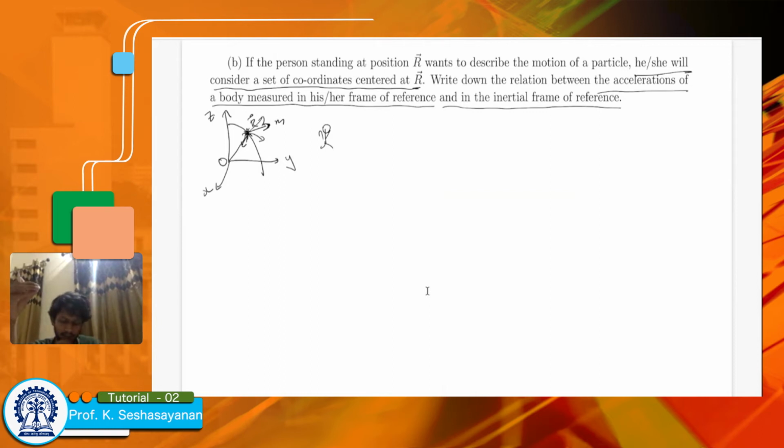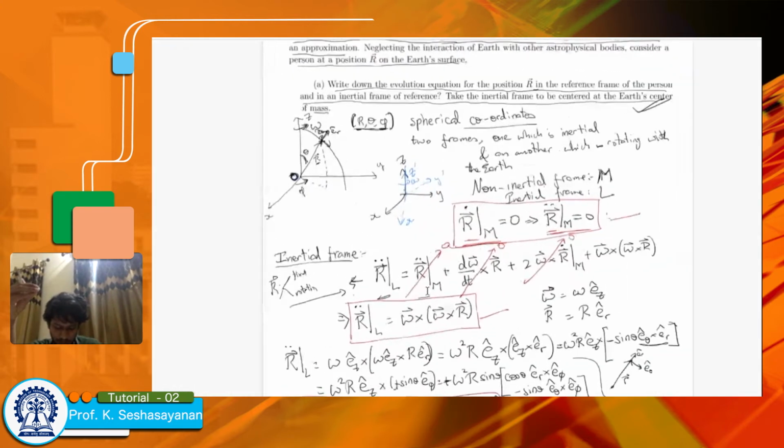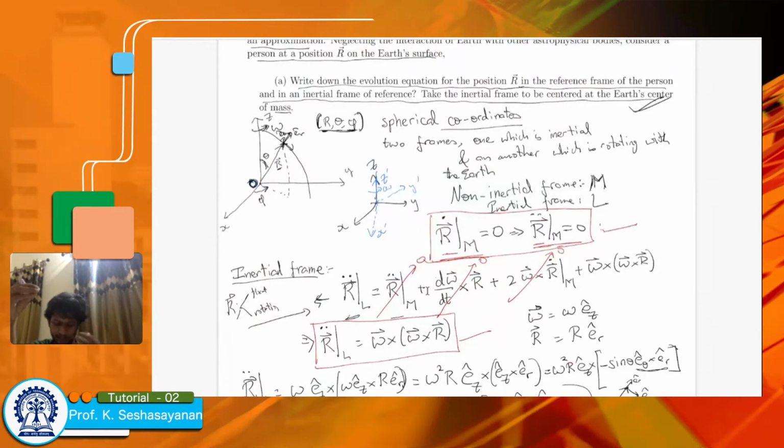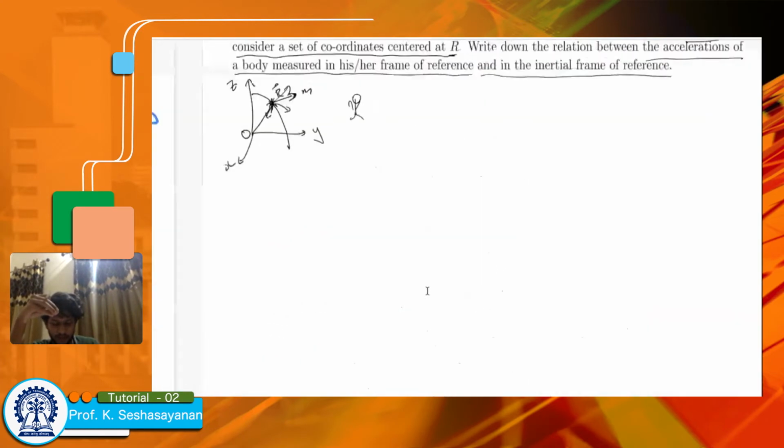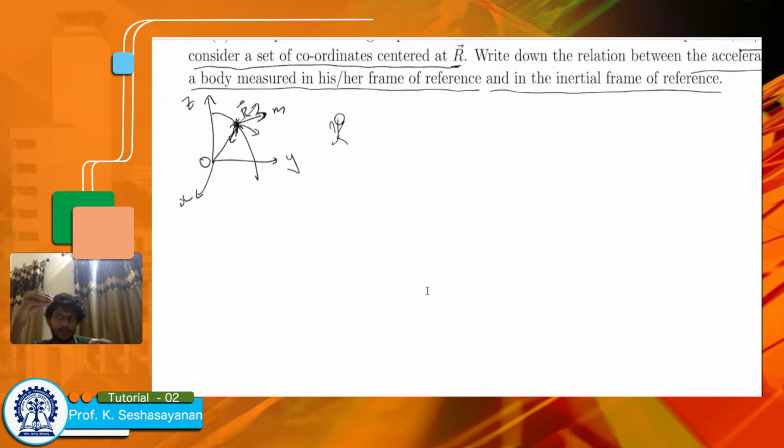So one of the origins is accelerating with respect to the other origin. So this is not the standard case which we had considered here. For example, here both the origins are at the same position, and more importantly, one of the origins wasn't accelerating with respect to the other. In this part, however, the origins are separated, and one of the origins is actually accelerating with respect to the other origin.